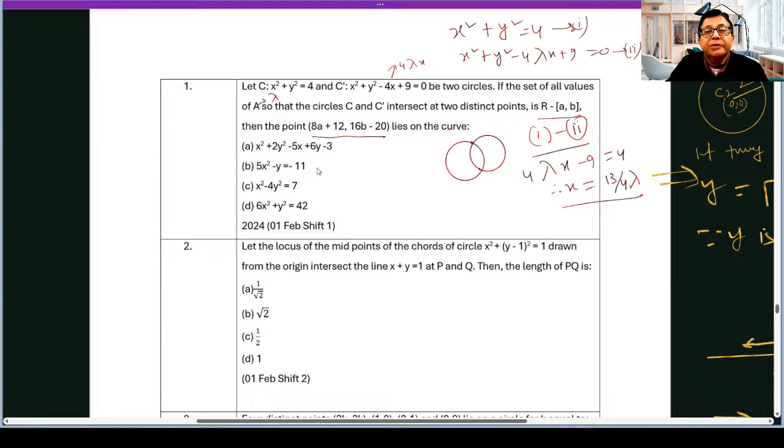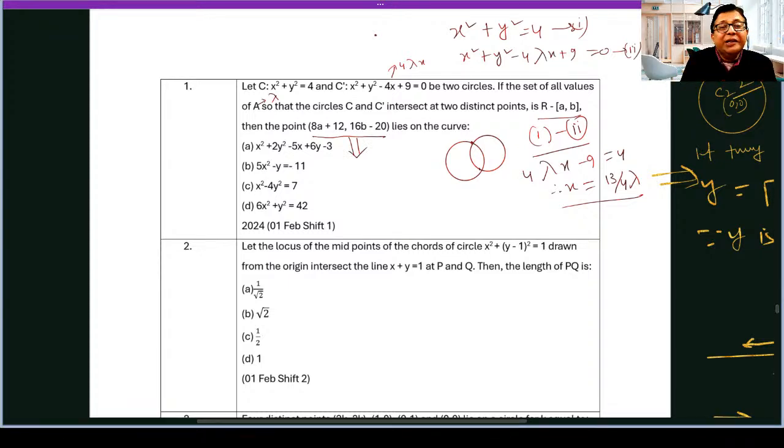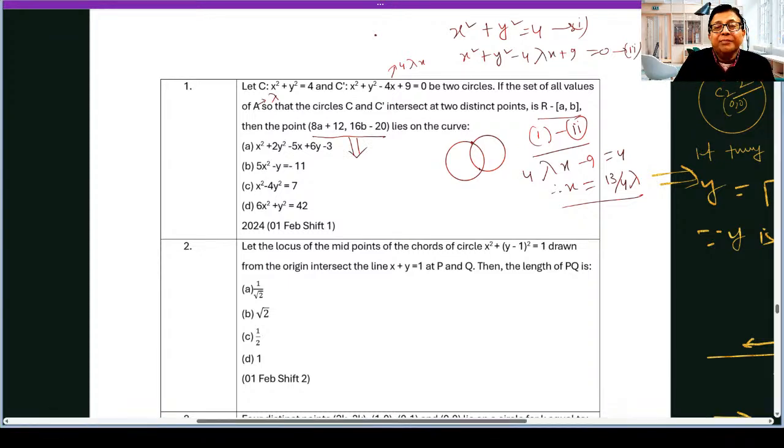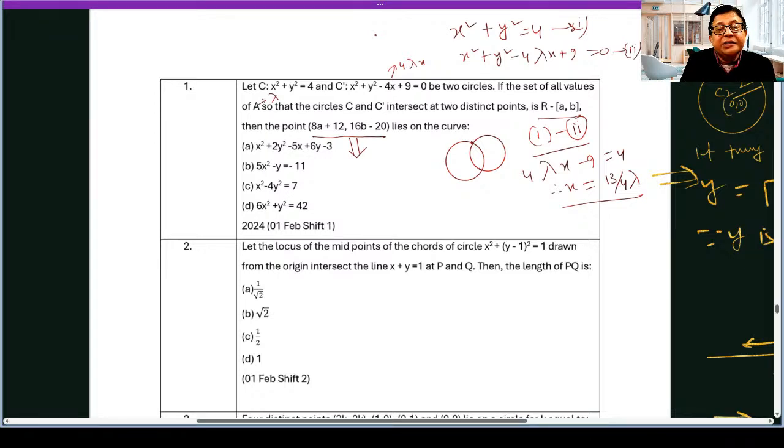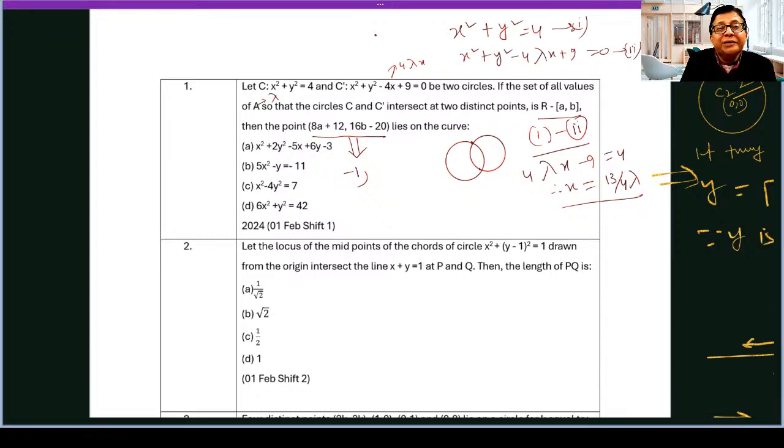Now see what they have told in the sum, given sum. Just check. 8A plus 12B, just find its value. What is the value of this thing? If you put A equal to minus 13 by 8, it is minus 1. 13 by 8, this is going to be 6.